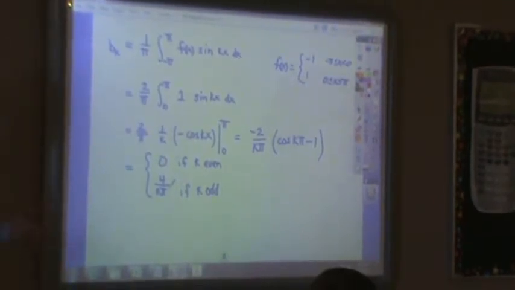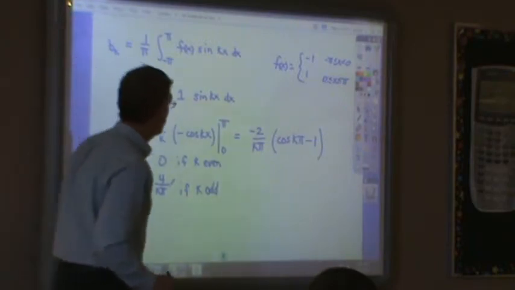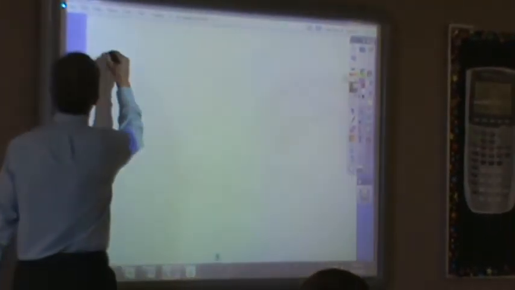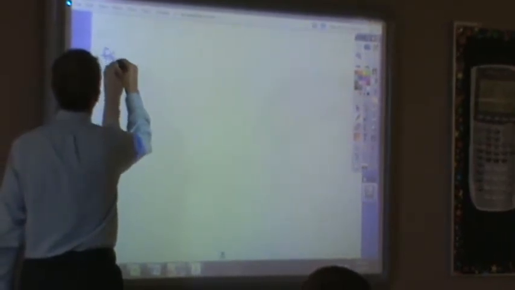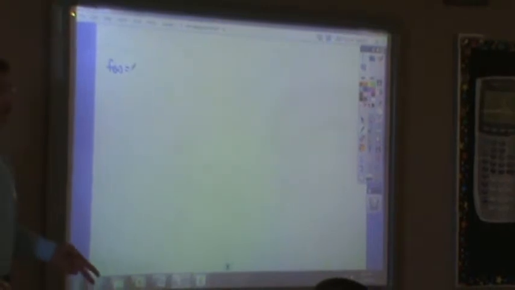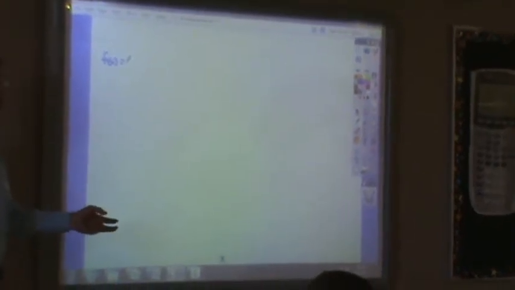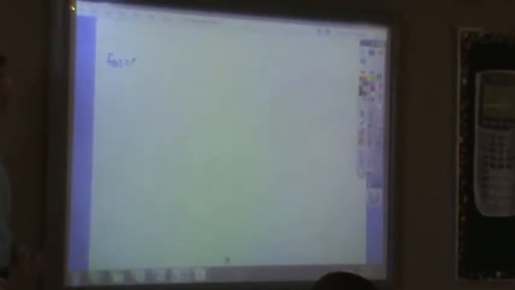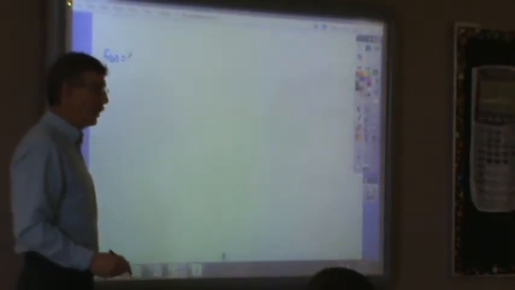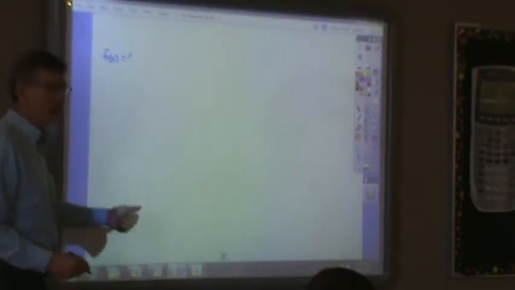And we can build this function out of sines and cosines. Let's try to do that. So now our f of x: remember that all the a's are 0, so all the cosine terms are out. All that's left is the sine terms. It's b1 sine 1x. What's b1 according to the recipe we just built?